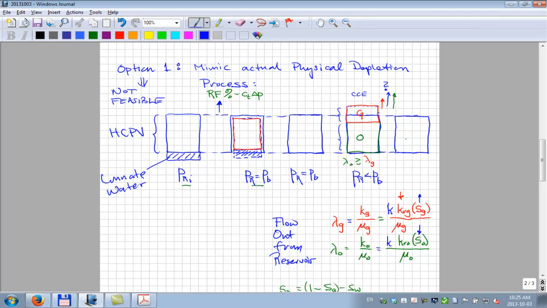What might be an alternative? Remove the gas. Okay, if we remove the top gas, that would be one option.